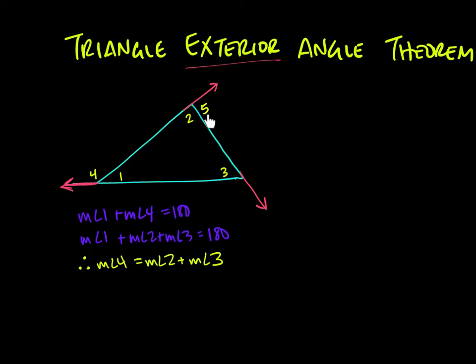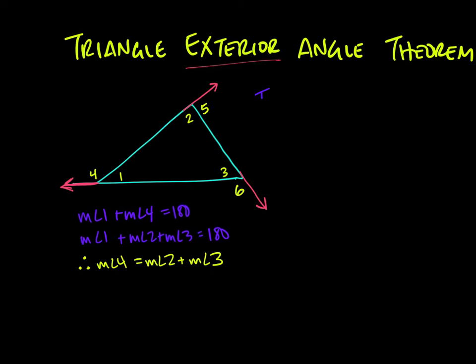That would mean angle 5 has the same measure as angles 1 and 3. And if I put an angle 6 out here, if I add 6 to 3, I get 180, and if I add these two together and then add 3, I'd get 180. So 6 has the same measure as these two interior angles. This idea develops into what we call the triangle exterior angle theorem.